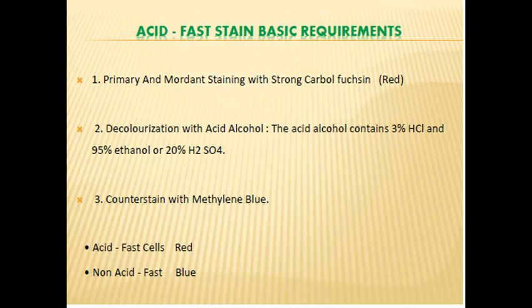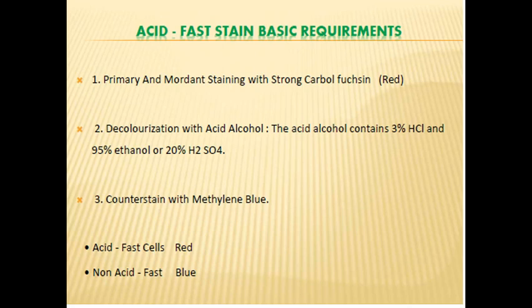Now in this acid fast staining process, we require the primary stain, carbol fuchsin, which is red in color, and as a decolorizing agent we require acid alcohol containing 3% HCl and 95% ethanol, or 20% H2SO4 can be used for decolorization.